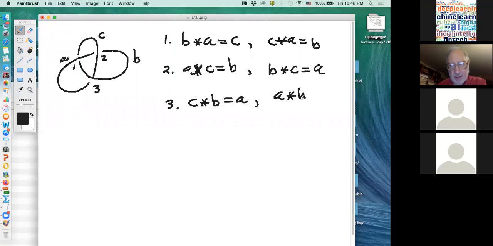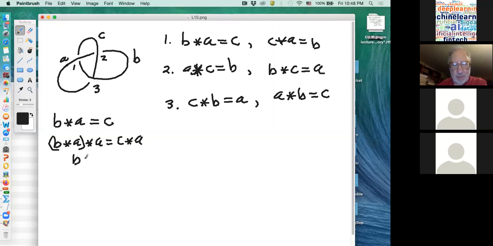See, I actually get 2 relations at every crossing, but they come to one another through the quandle axioms. If you take, for example, B times A equals C and use the quandle rules, then you have B times A equals C times A. But by the quandle rules, this is B equals C times A, and that's the other one that I wrote.